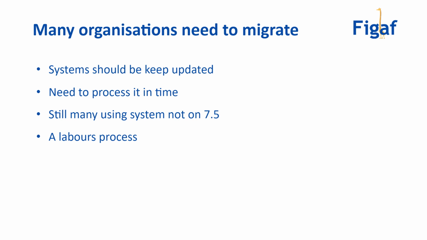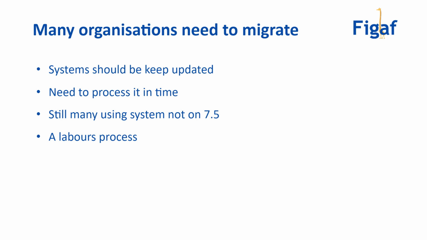So the challenge is that a lot of customers still need to migrate, and migration is really a labor-intensive process. There's a lot of things that go into this, and if you can automate it, it really makes sense to do that. There was a survey out, and I think about half of the participants were on 7.5 or maybe even less, and the rest were using older releases.